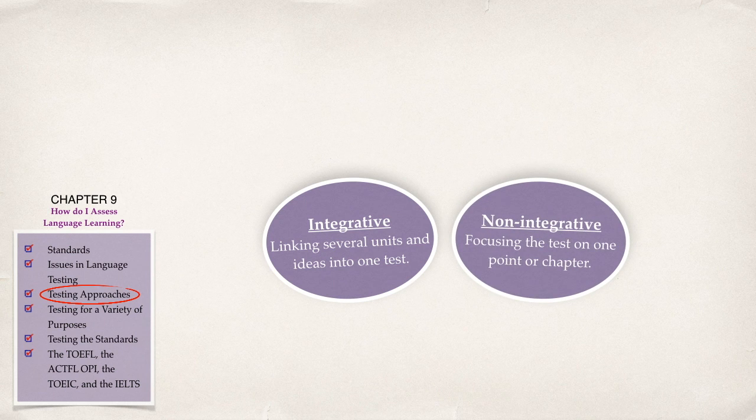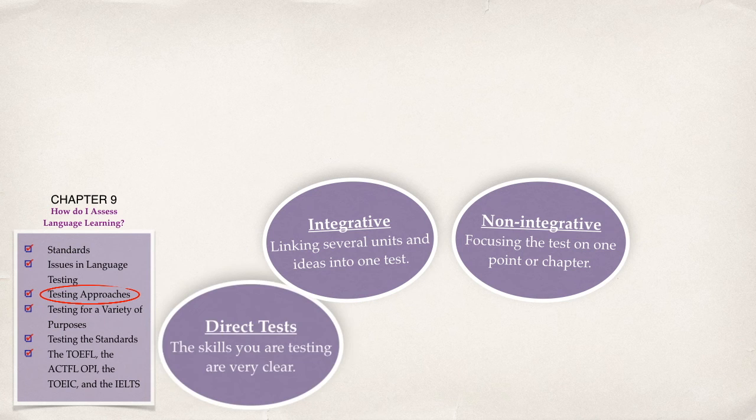The author of our book suggests integrative to be better, despite it having weaknesses when it comes to reliability. This can be overcome with the use of dictations, elicited imitations, grammaticality judgments, and cloze tests. Check page 218 for more on these.